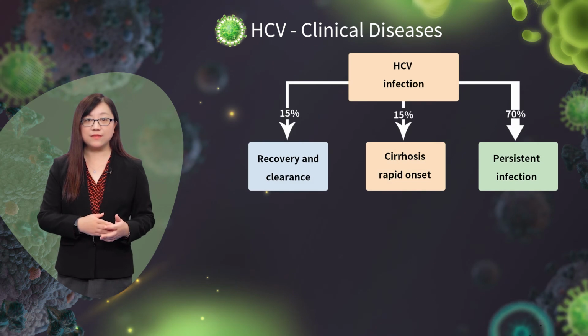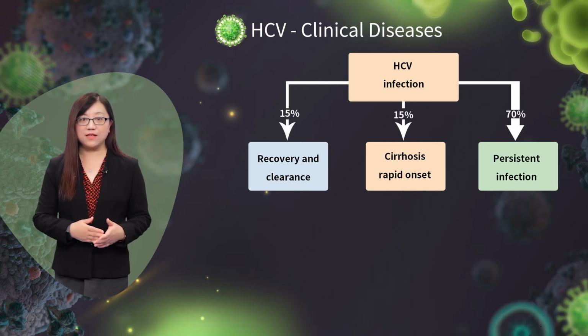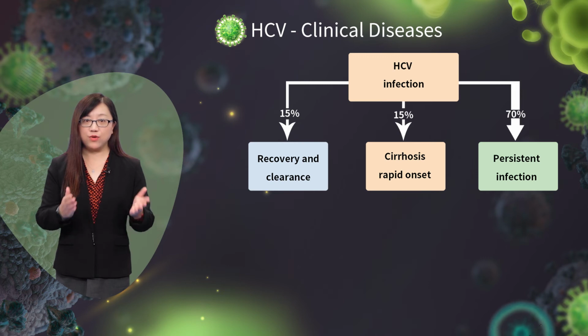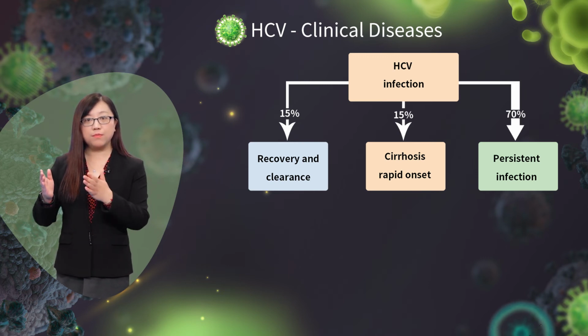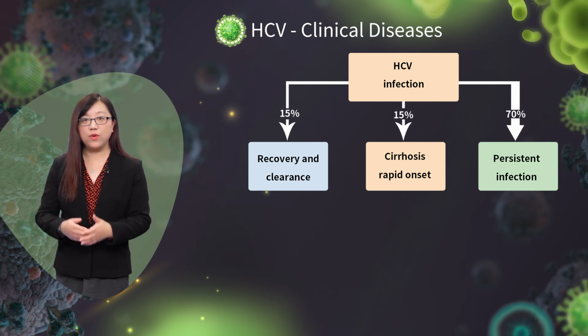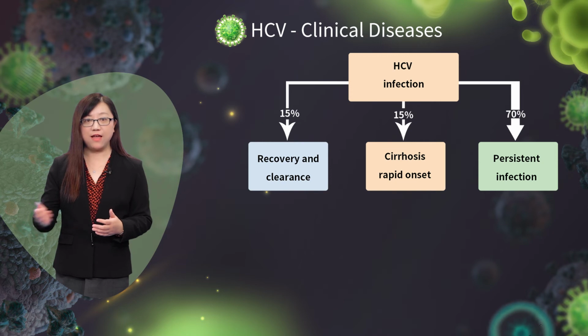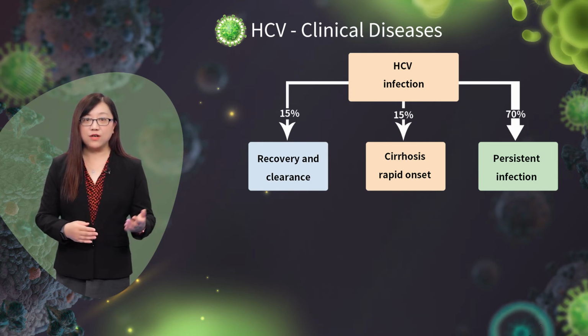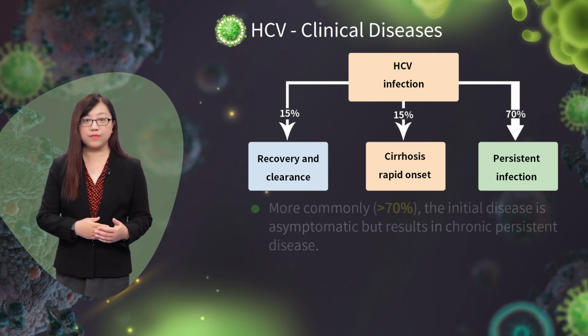Clinical diseases. 3 types of diseases. 15%: acute hepatitis with resolution of the infection and recovery. 70%: chronic persistent infection with a possible progression to disease later in life. 15%: severe with a rapid progression to cirrhosis.